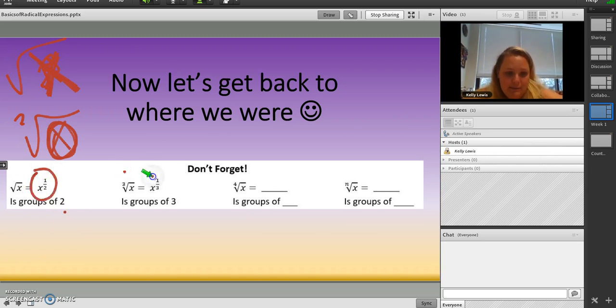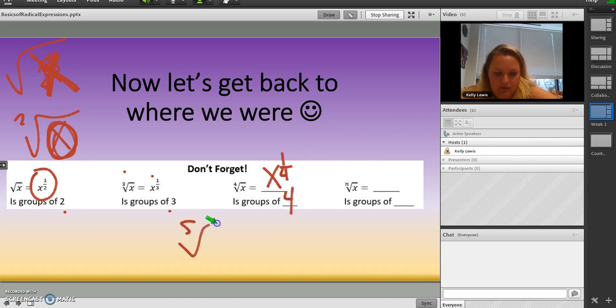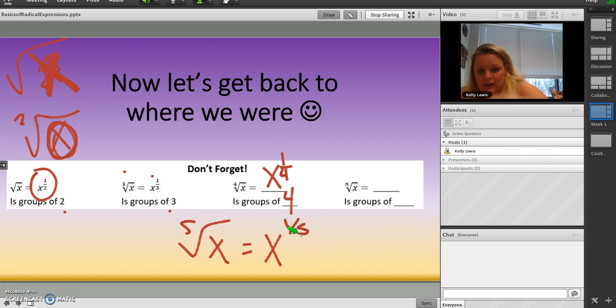Cubed root of x is the same as x to the 1/3, and you pull out groups of 3. The fourth root of x is the same as x to the 1/4, and you pull out groups of 4. We did the fifth root of x, which is x to the 1/5, and you pull out groups of 5. The nth root of x, you do x to the 1/n. So if it was 6th root, you do 1/6. If it was 9th root, you do 1/9. And you pull out groups of n.